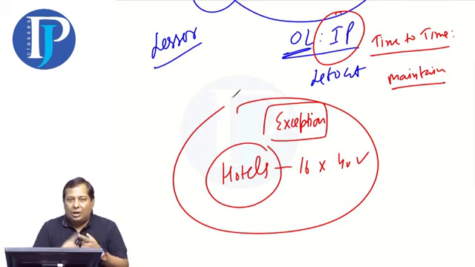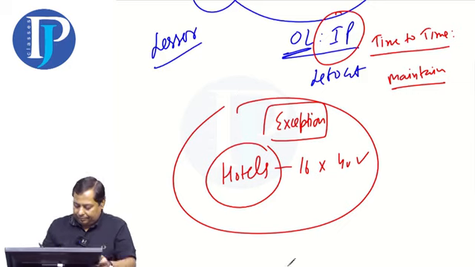So here, don't use point of ancillary services for hotel. It's an exception. So write.